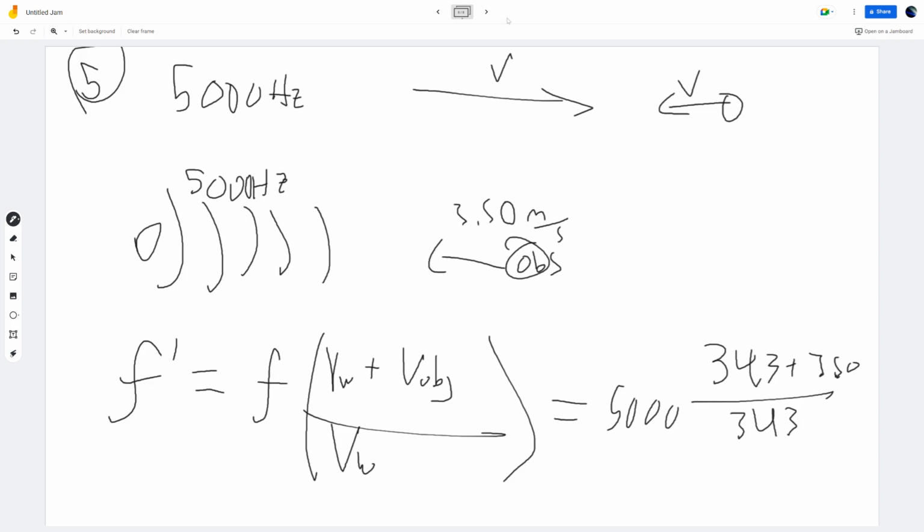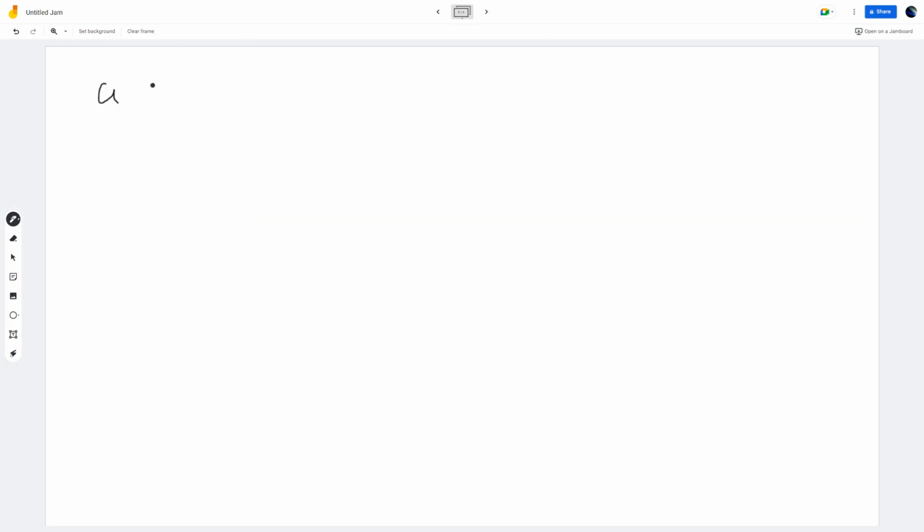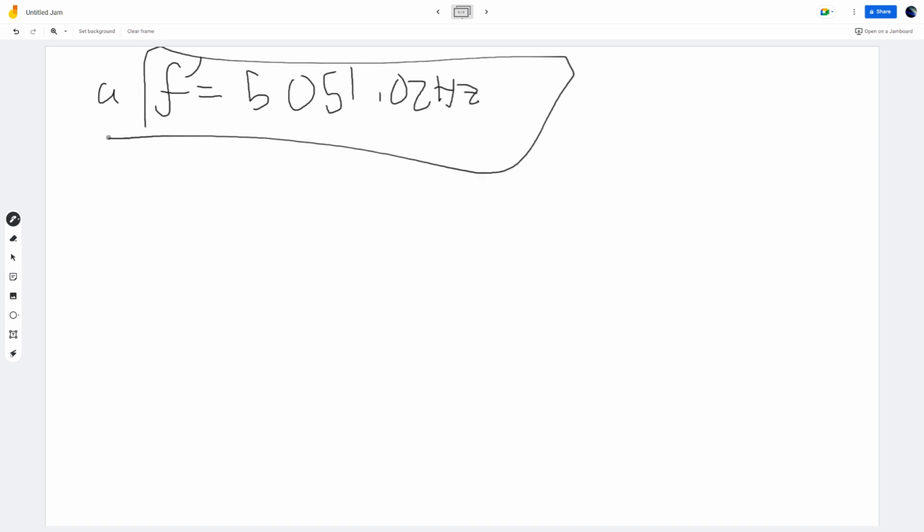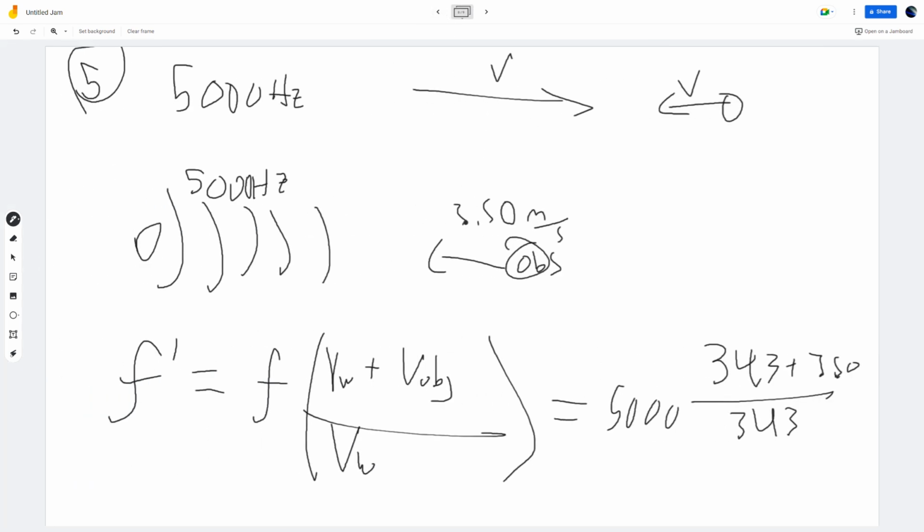It gets us a frequency for A of 5051.02 hertz. And then let's see what problem B is. B is saying the source is moving towards a stationary observer, at a speed of 3.5.